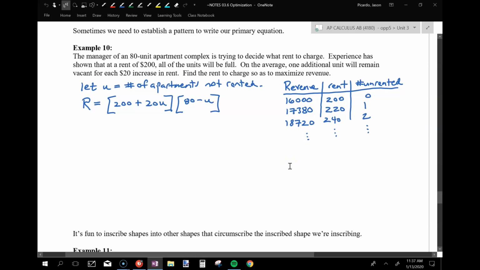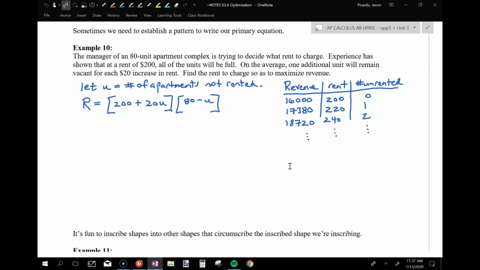So what I did for this one, the manager of an 80 apartment complex is trying to decide on rent. Experience showed him that at $200, he'll rent out the whole place. But if he increases the rent by 20 bucks, he's going to lose a tenant, right?